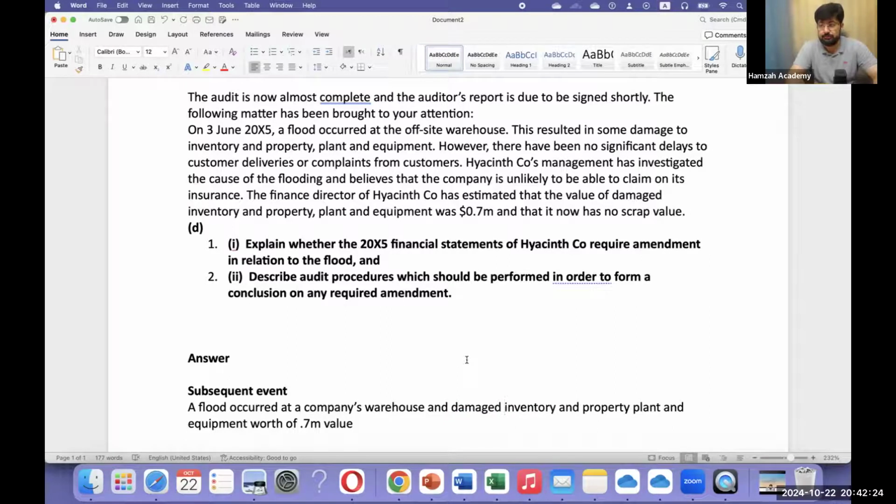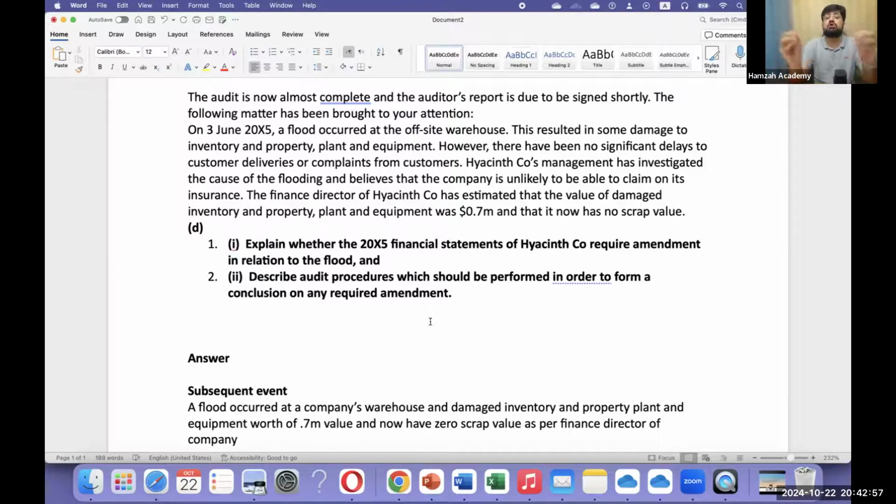The damaged assets now have zero scrap value as per the finance director of the company. Now, this is the issue.